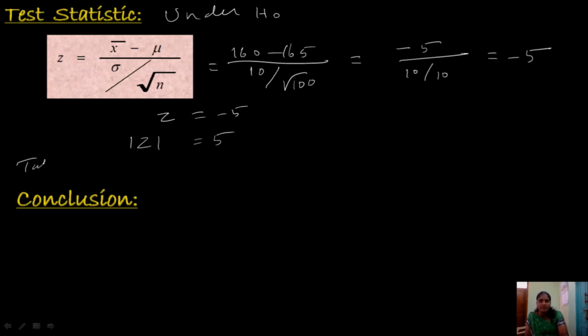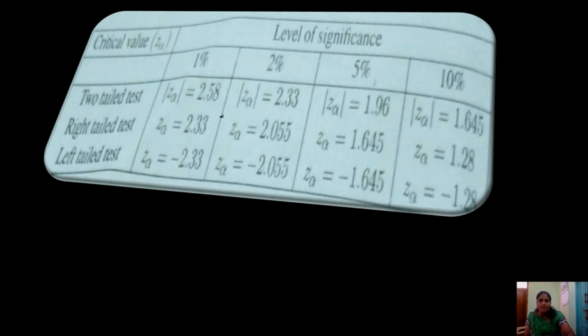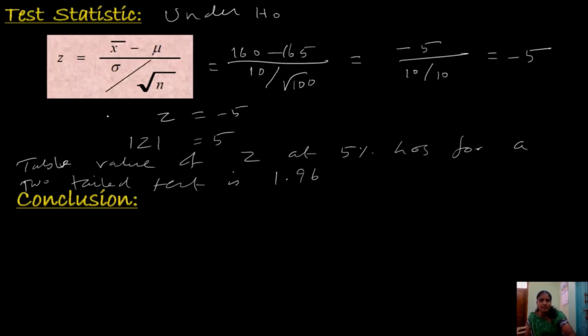And the table value of Z at 5% level of significance for a two-tailed test is 1.96, isn't it? So the table value of Z at 5% level of significance for a two-tailed test is 1.96. Now we compare these two values.